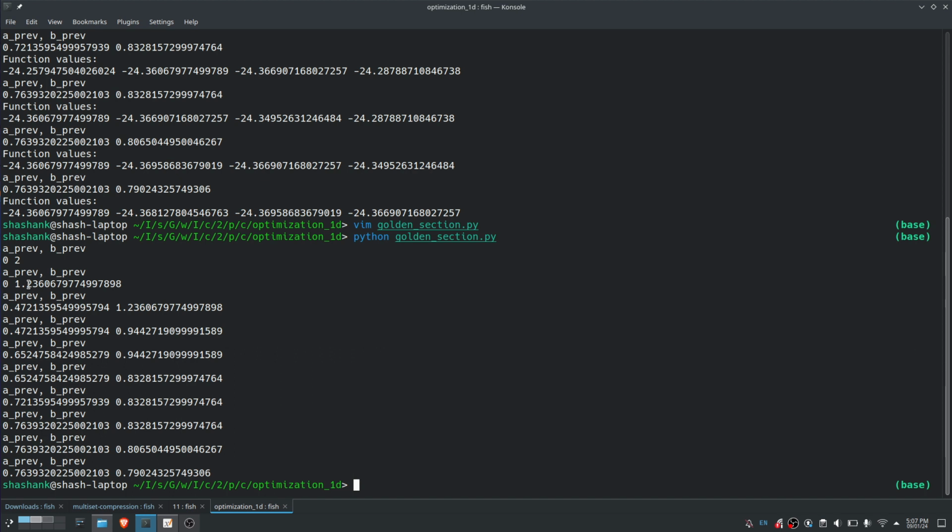In the next iteration, I shrunk it down to 0.472 to 1.23. So at how many points do I have to evaluate? Let me keep track of that. In this particular case, right?